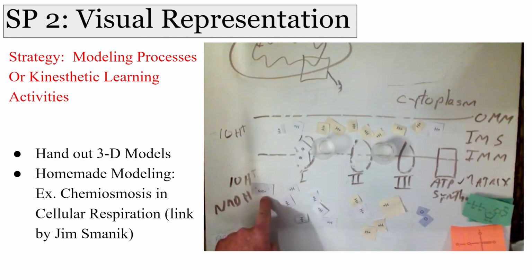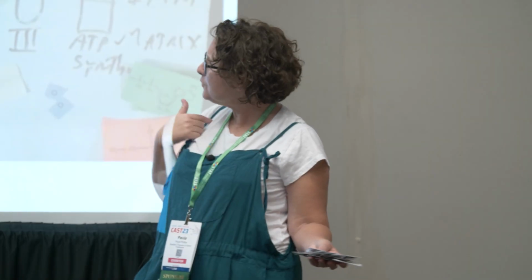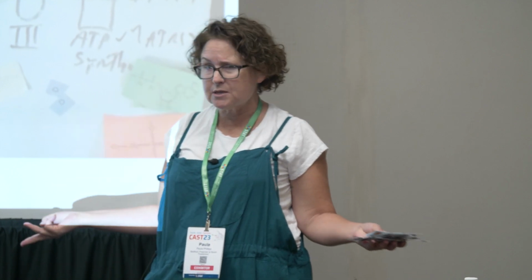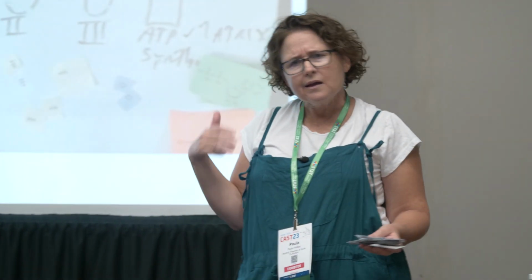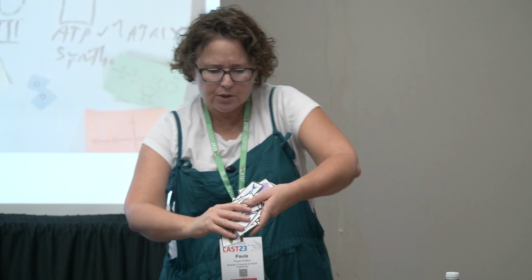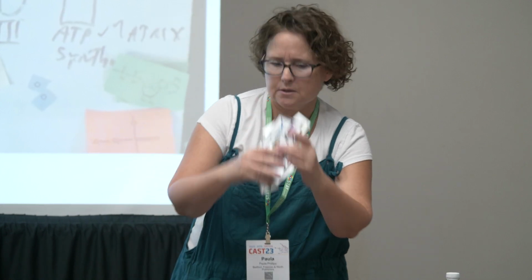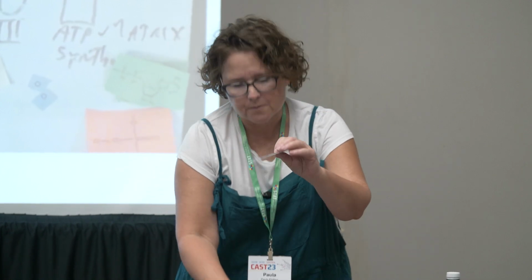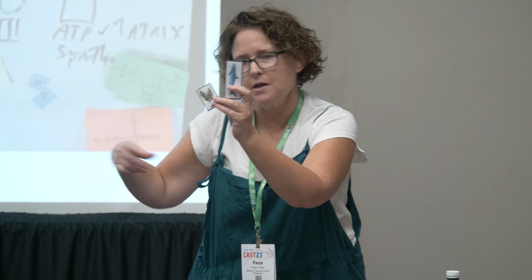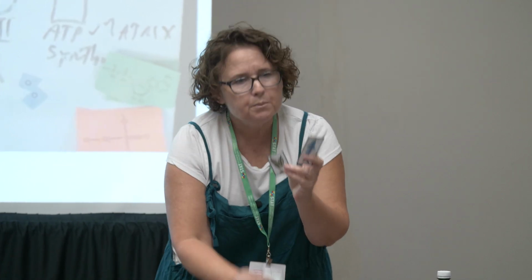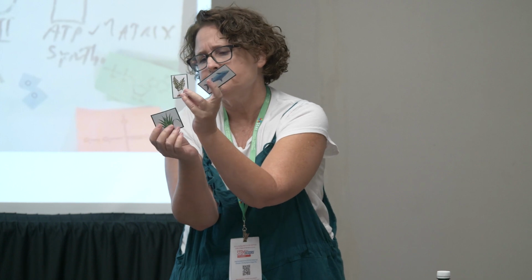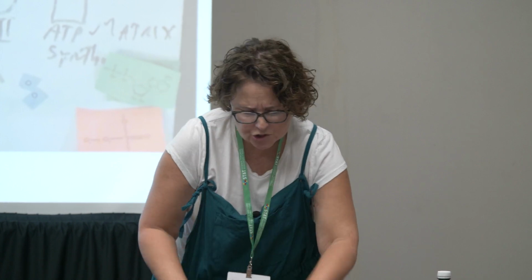This is a really tough topic. I don't think I knew chemiosmosis until like 3 years into my teaching career, right? This is something that's hard for the students. So, get yourself some little... Well, these are for making food webs, so that's not really translating to the chemiosmosis. But get yourself some little illustrations and have the students literally move them around, right?